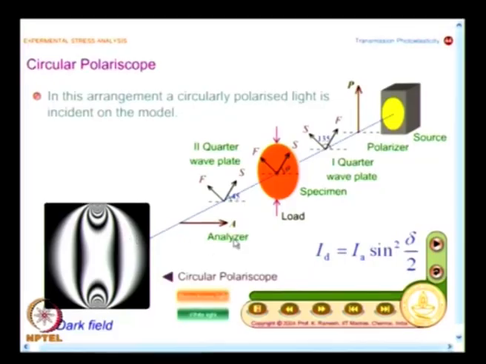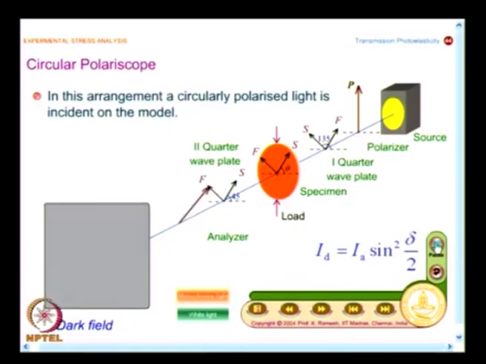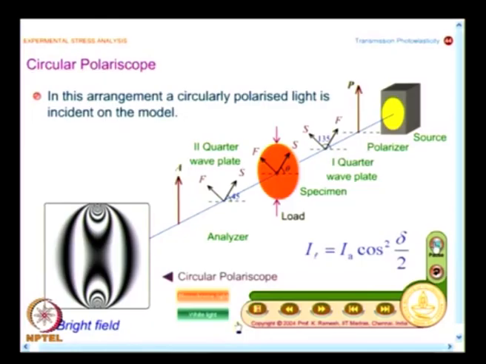And what happens when I keep the analyzer vertical? I see a background light, the background becomes white, because we have seen when a model behaves like a full wave plate, it comes out as a linearly polarized light. Earlier the analyzer was kept horizontal, so the light was cut off.